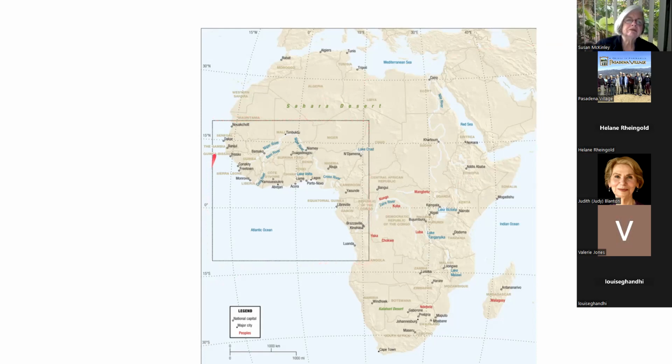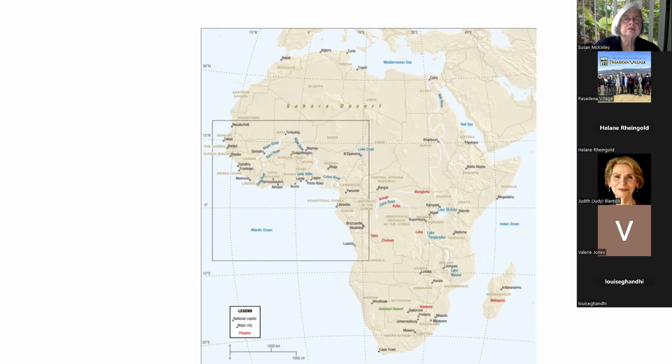This is sub-Saharan, middle Western Africa, which is where our slave population came from. Countries, Nigeria, Mali, into the Congo, and so on. These borders were very, very flexible.